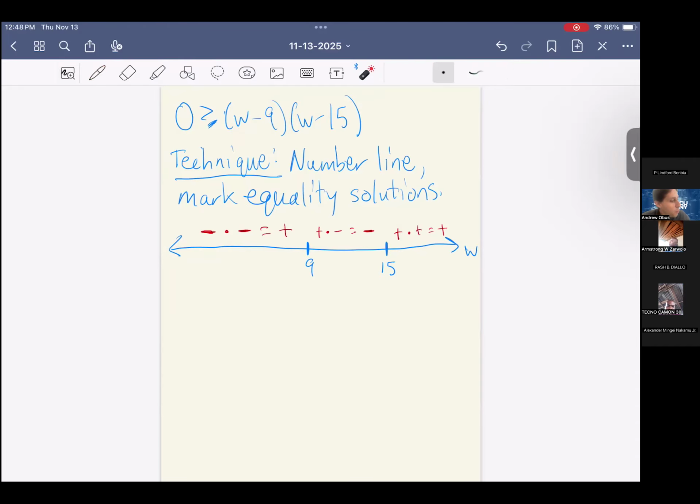And what do we want? Well, we want this thing to be negative or 0, right?